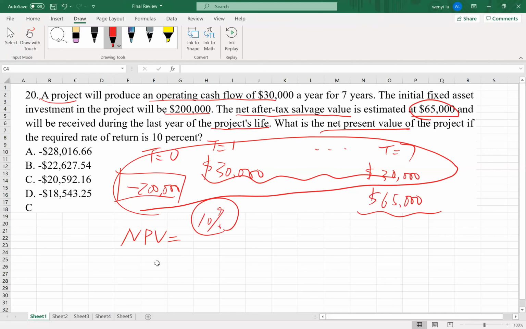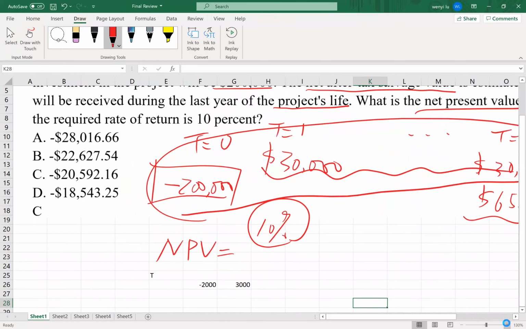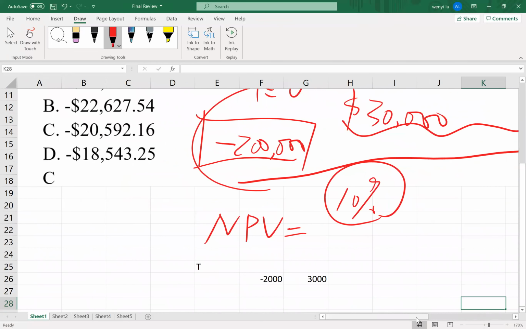I know you are very good at these calculations in the project. This is just the second time you review these calculations, so I hope you can solve this one exactly as I'm doing here. You can first create a row as time t. Let me make our table bigger so you can see this more clearly.